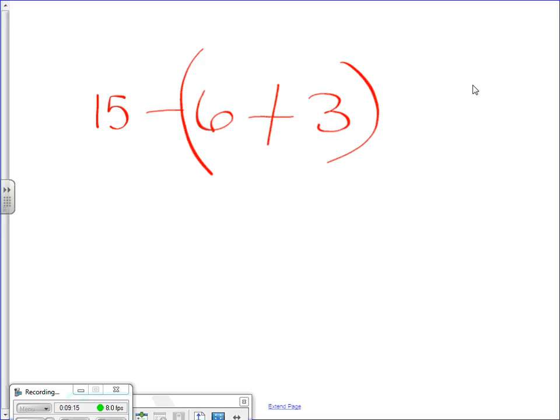Because doing 15 minus 6 and then subtracting 3 again is the same thing. If he had the 15, he gave away 6 and he gave away 3, it's the same thing as saying he gave away 9 and subtracting that from 15.